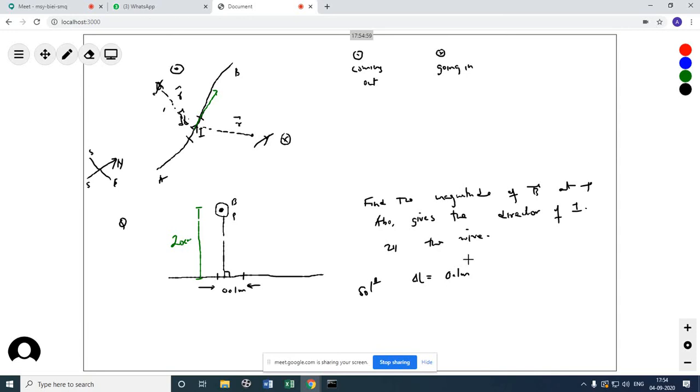Yeah, I've given you the magnetic field direction, but I'm asking you the direction of current I. Done?